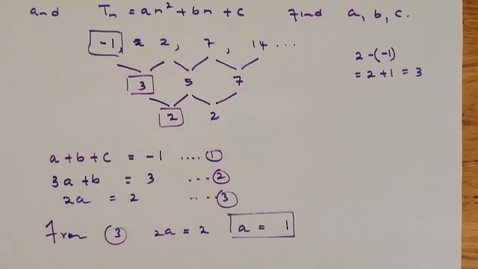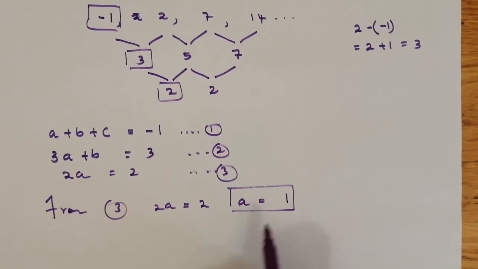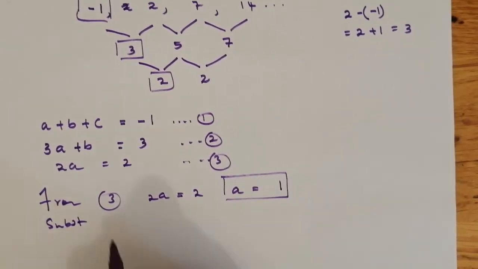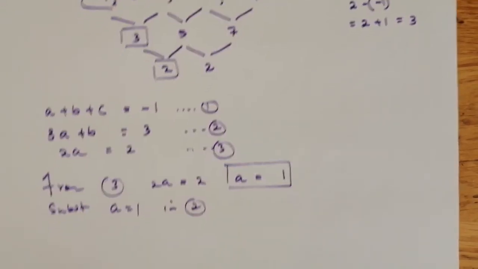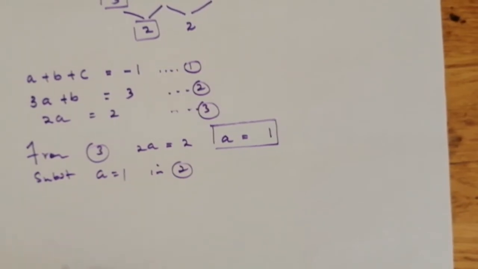So we are able to find A, which equals 1, and we are going to substitute A equals 1 in the second equation. I want you to take note that I'm substituting A equals 1 in this equation because there is also another missing variable.